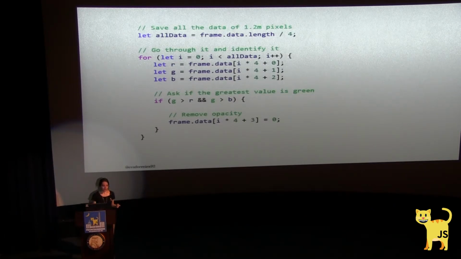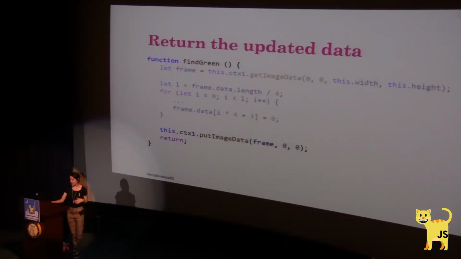If we recognize that the green pixels are the ones with the higher value, higher than the red and higher than the blue, what we are going to do is remove the opacity of that very pixel. So we turn the alpha value, which is the number 3, to 0. And then we return this new data with the transparency pixels.